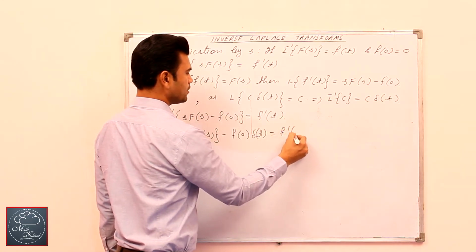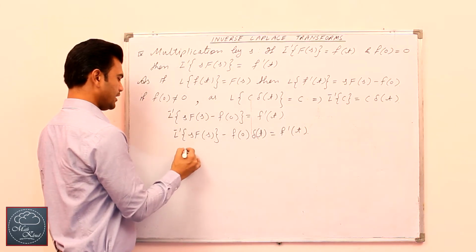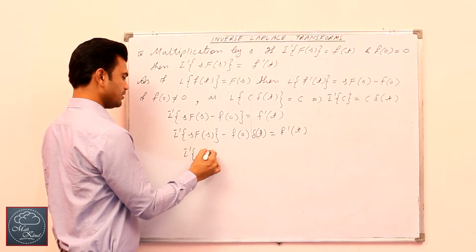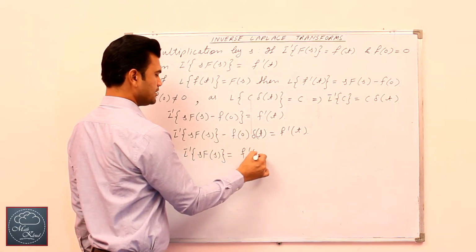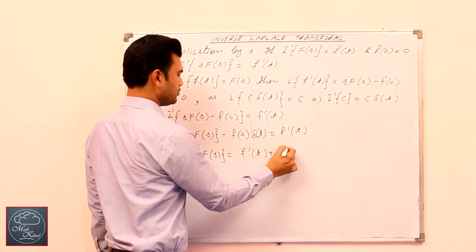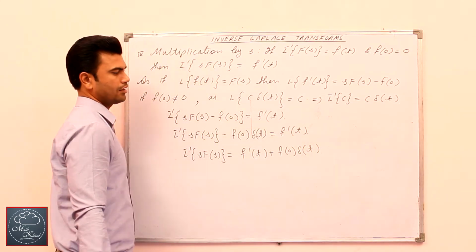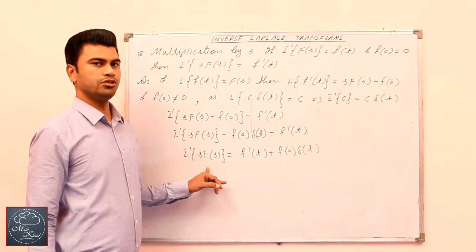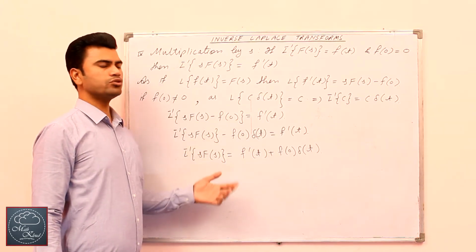So that will be given by f dash t. So from here you can write the inverse Laplace transform of s f(s) is f dash t plus f of 0 delta t.